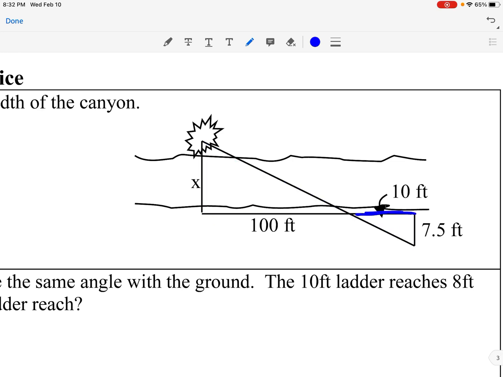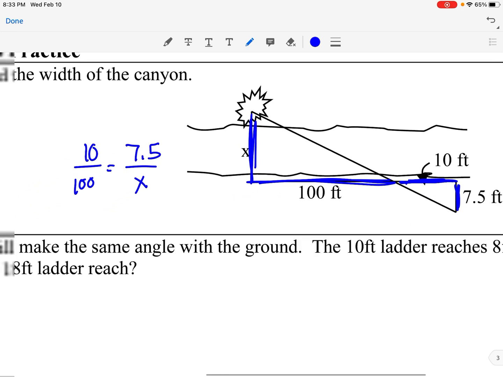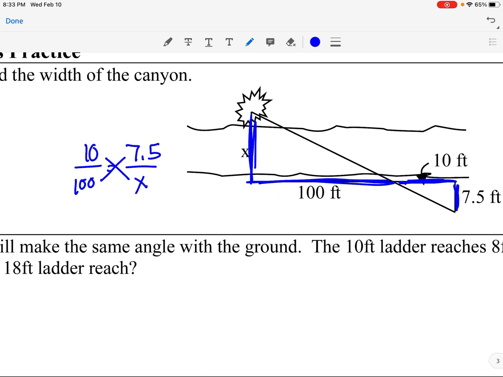So that means this side right here, 10 and 7.5 come from the same triangle. We'll put those on top. 10, which is the flat leg, is going to match up with 100, the flat leg over here. And then 7.5 is the short leg, matches with X as this leg. So then we cross multiply. 10, I'll bring it up over here. 10x equals 750.